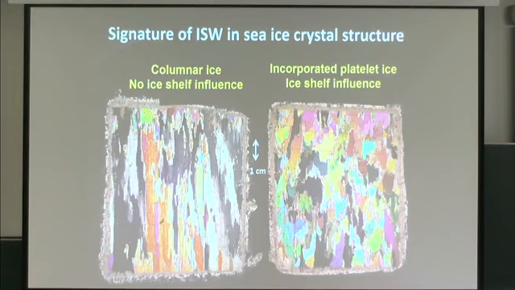What you can see, the different colors are different crystals of ice. This is a sample that's about 8 centimeters long. When we have no influence from the ice shelf, you get long columnar crystals, so it's called columnar ice. When the ice shelf influences things, then we end up with platelet ice, which has a much more disordered vertical structure.